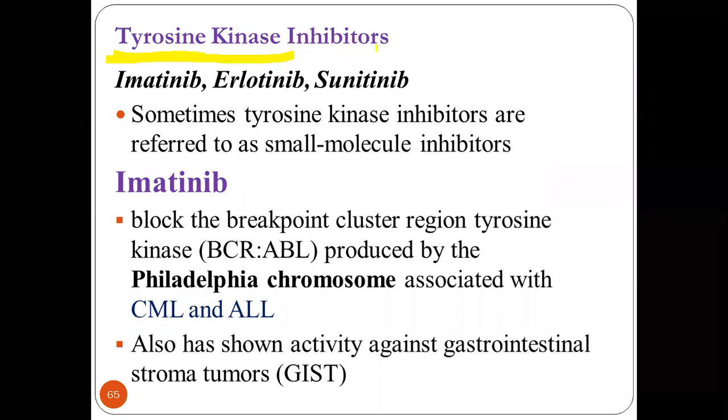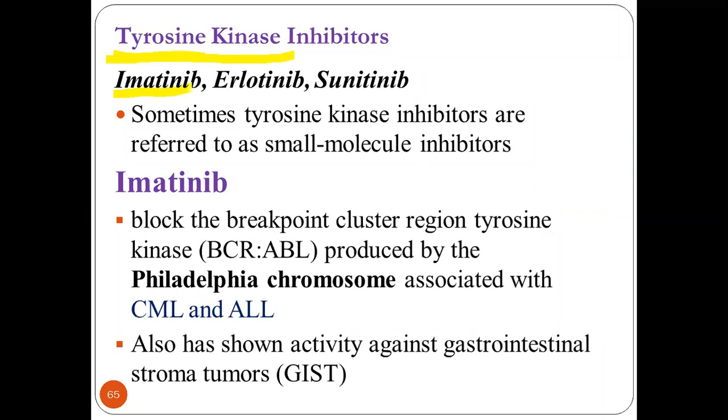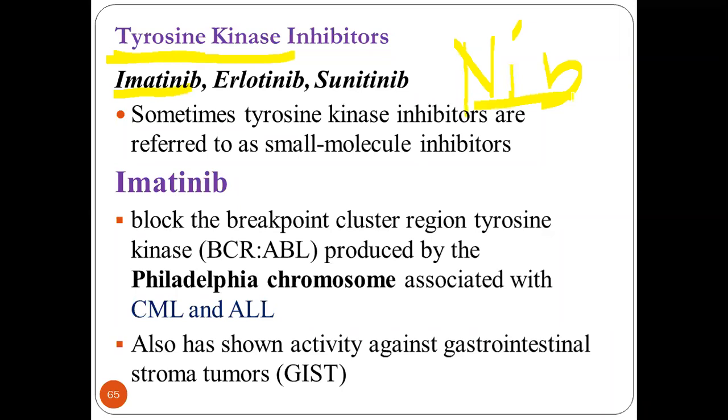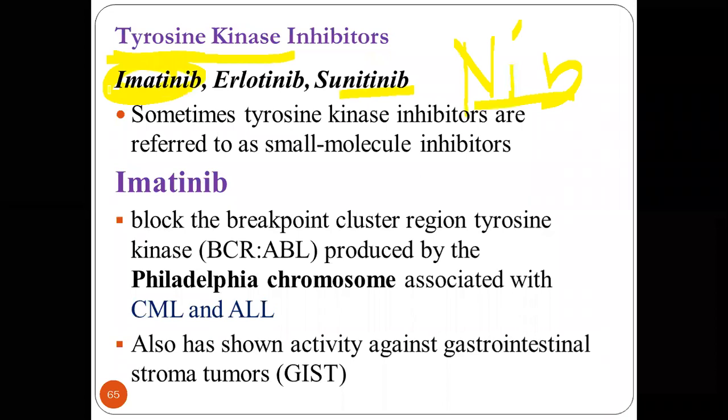And from this class, imatinib is the oldest. If you see the suffix nib, they are under the class of tyrosine kinase inhibitors: imatinib, sunitinib. This one is widely available, but it is very expensive.